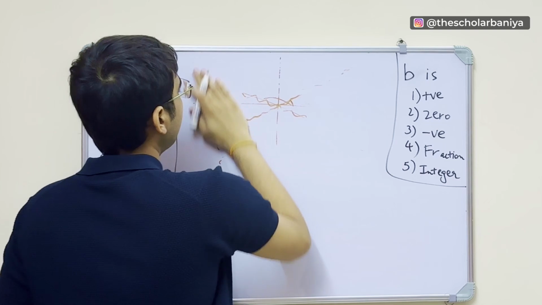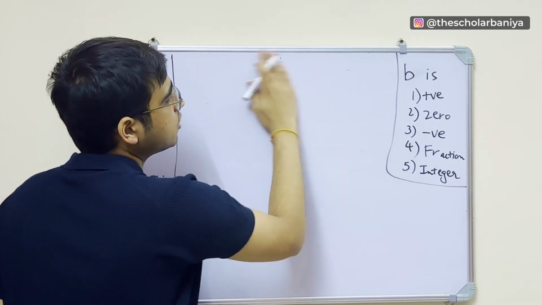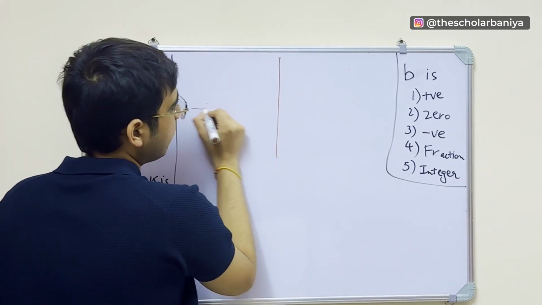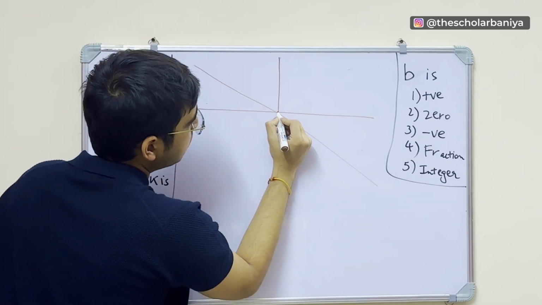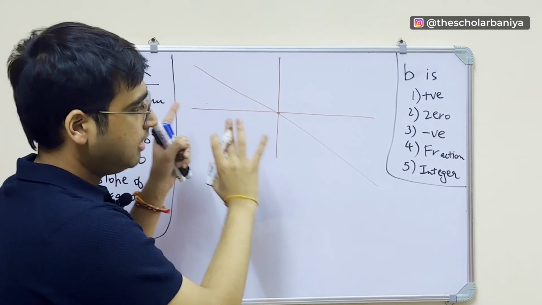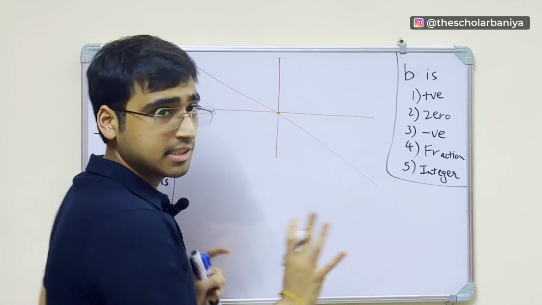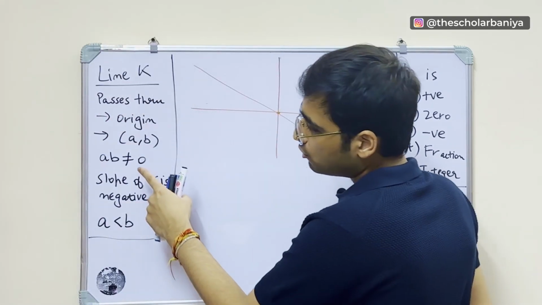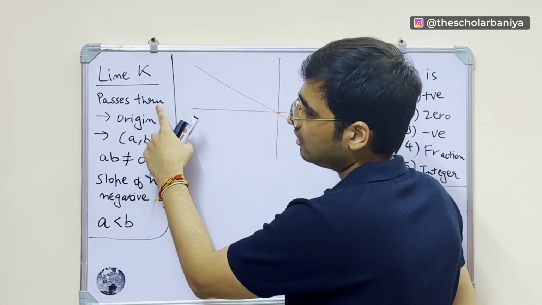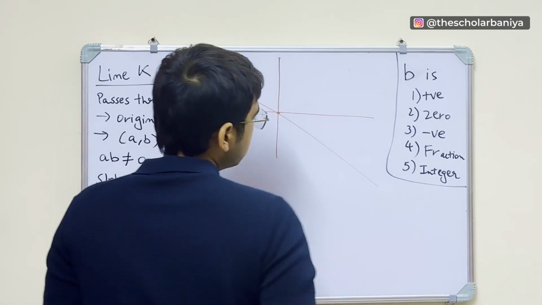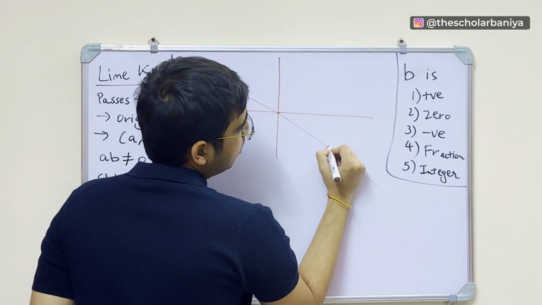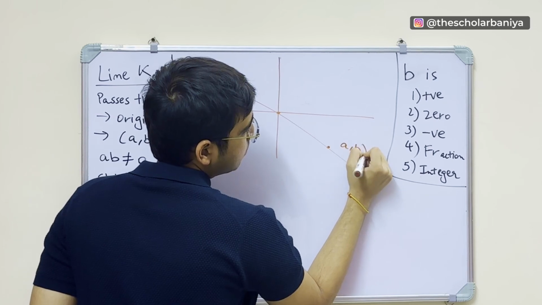So let's redraw this line once again. So that means that this is our line, right? This is the line because it is passing through origin. But we also know that the line is also passing through a point A comma B, right? So let's assume this point is A comma B, right?